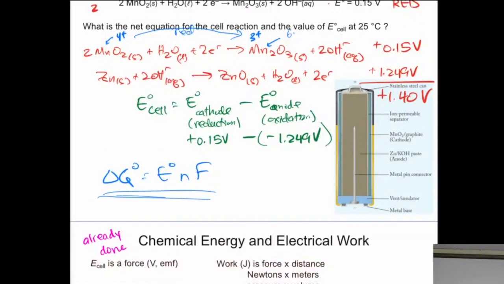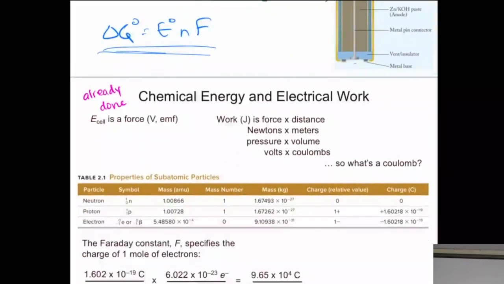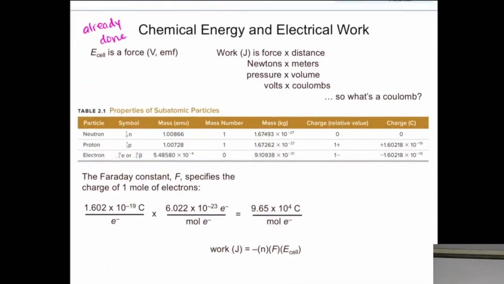But let's just take a closer look at this. I already explained this to you, so we don't need to spend a lot of time on this slide. This just gives you the information of where we get the Faraday constant from. This is our 9.65 times 10 to the 4th coulombs per mole. So this is our Faraday constant.